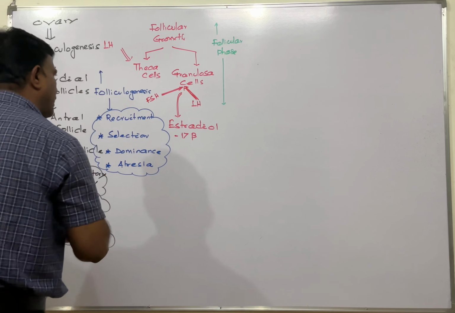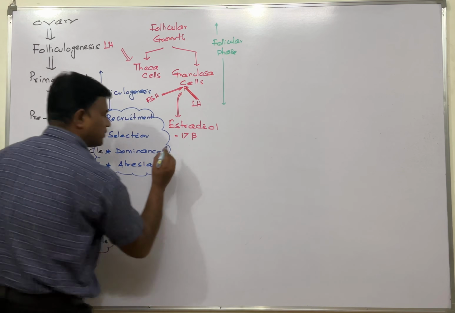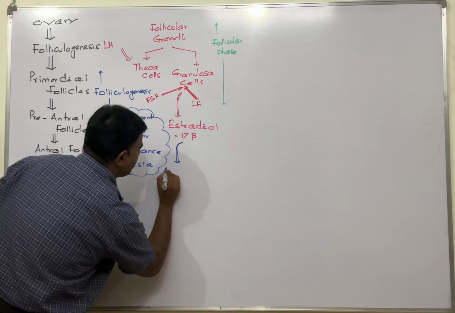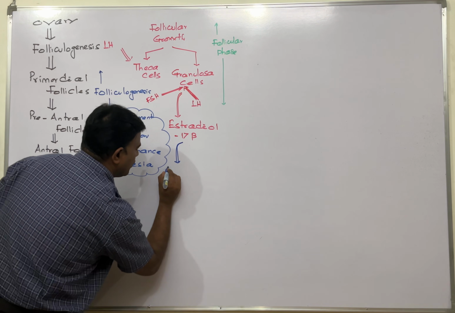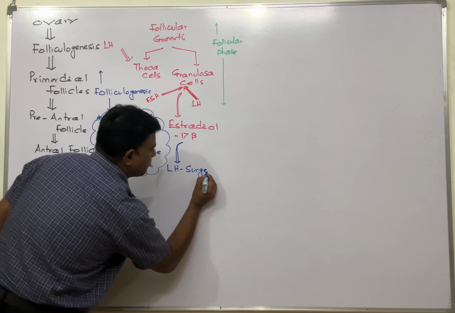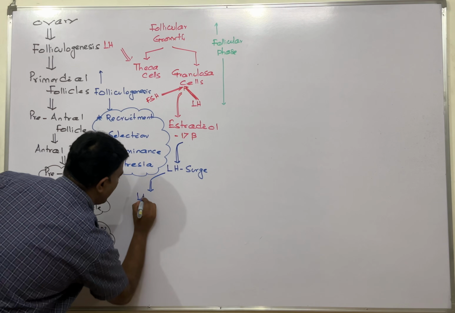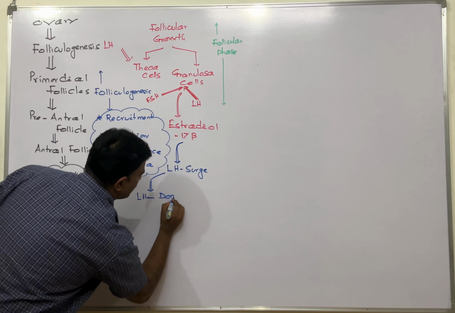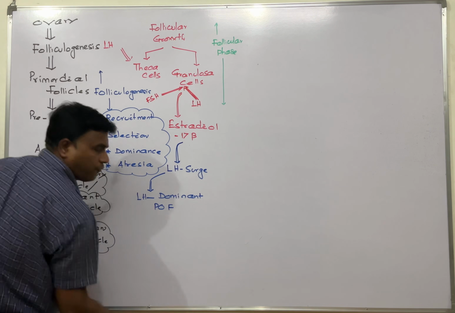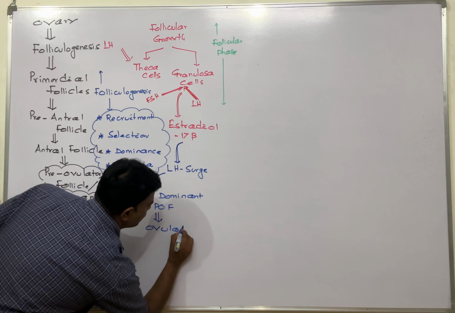And this estradiol 17 beta has a very important function. What does it cause? It activates, and this point is important, the hypothalamic centers to go for the LH surge. Do not forget to see this master lecture. Once the LH surge occurs, this LH acts on the dominant pre-ovulatory follicle, and it carries out ovulation.